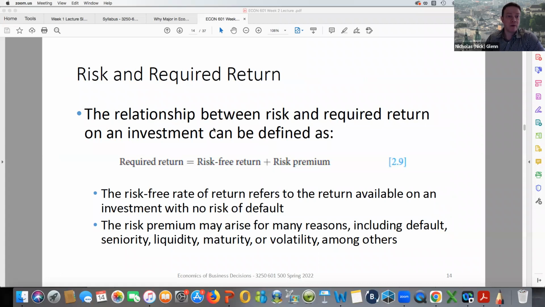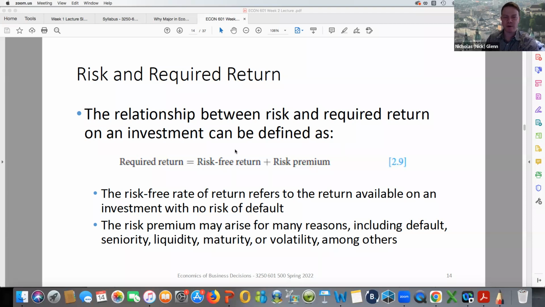Okay, so like I said, we mentioned this before, risk and the required return. We showed that table going from the US bills all the way down to these emerging stocks. You start off with the treasury bills that are short-term, very low risk.